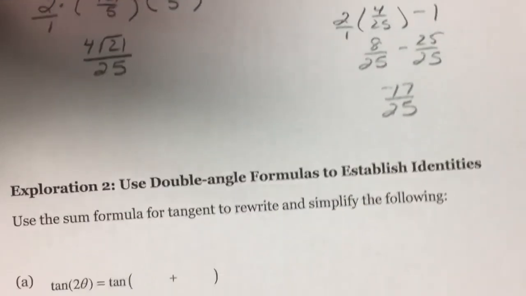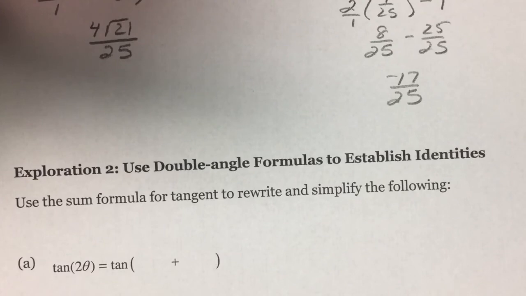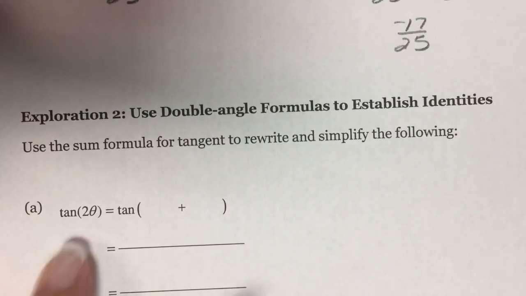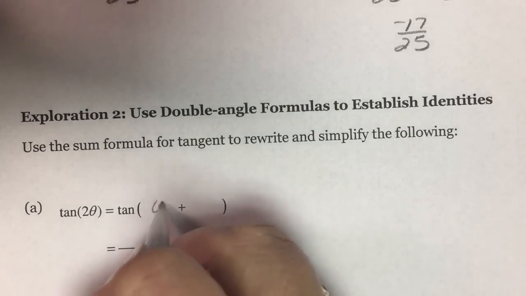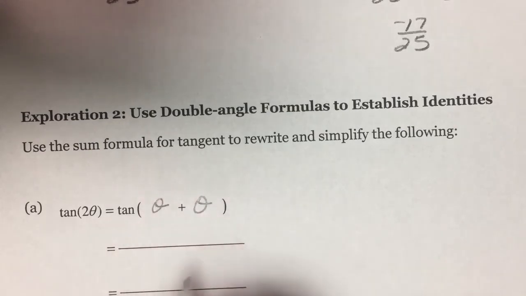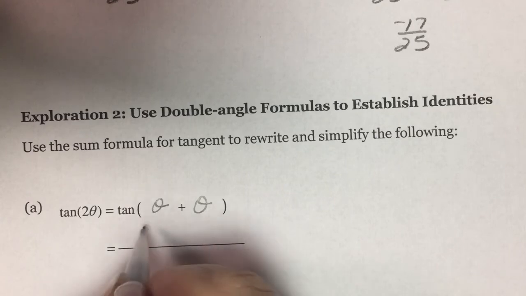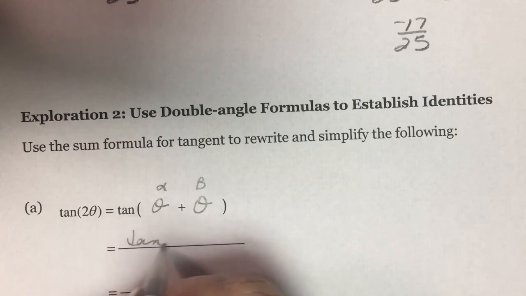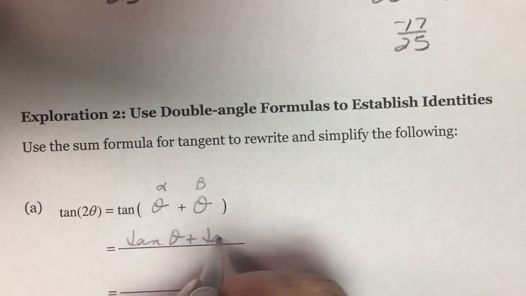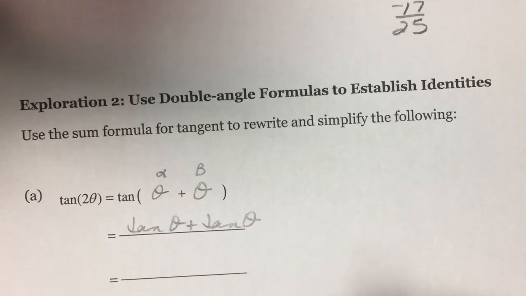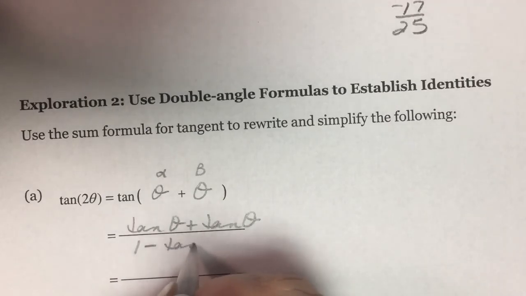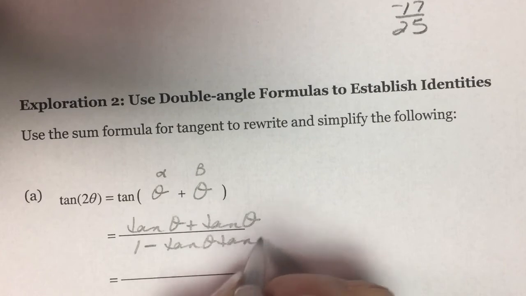Okay, this is our last exploration we're going to do. I'm just going to quickly show you how to get the double angle for tangent. So just like before, this would be tangent of theta plus theta, and I'm going to use my tangent sum identity. This is my alpha, this is my beta, so it's tangent theta plus tangent theta over 1 minus tangent theta times tangent theta.